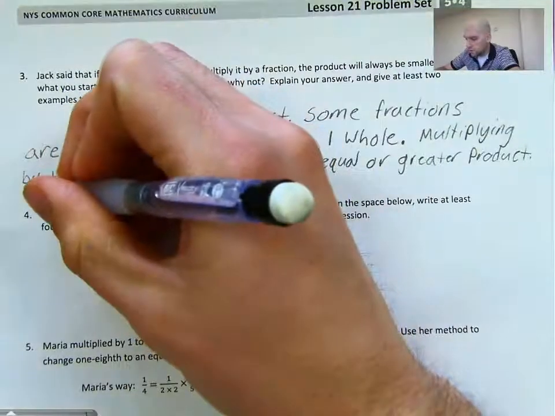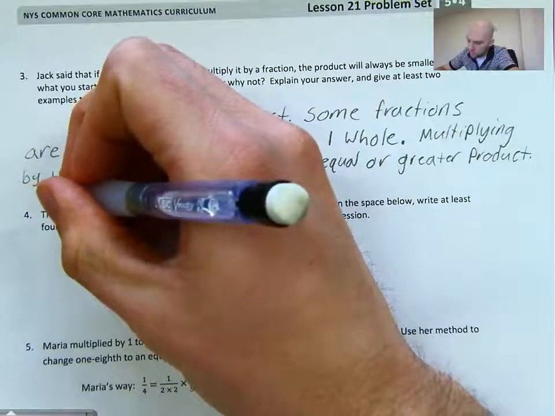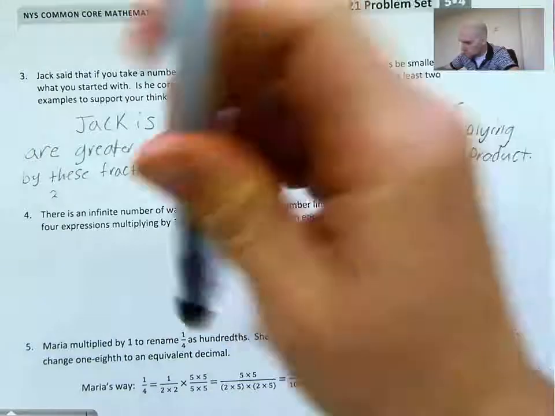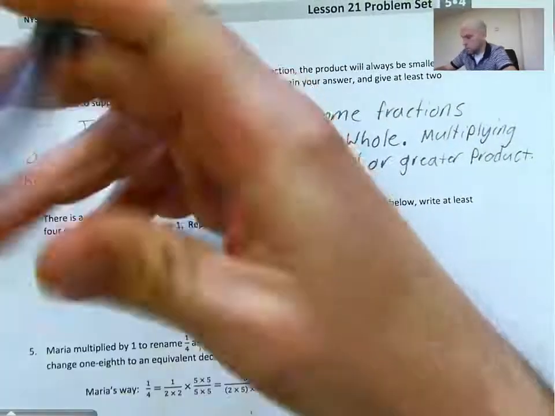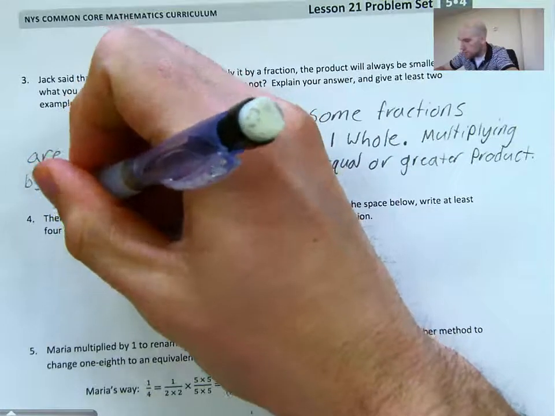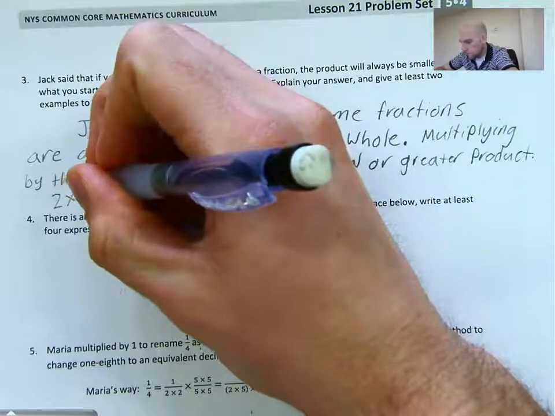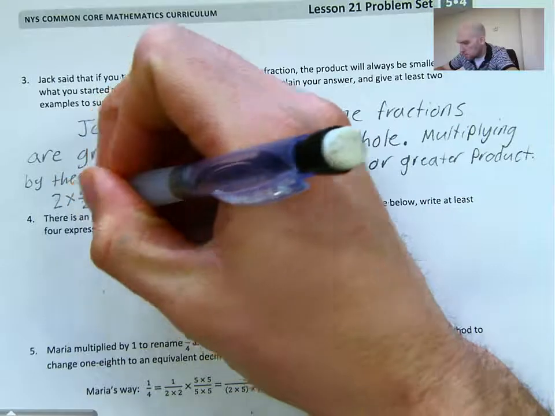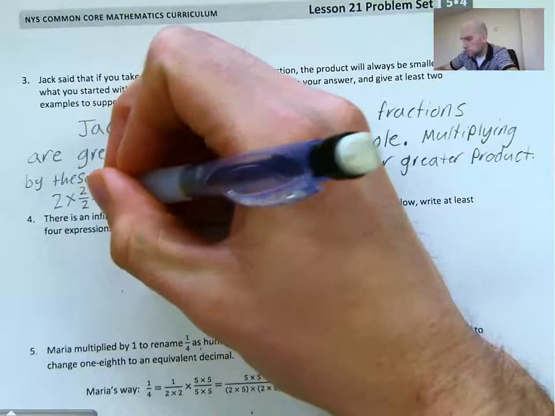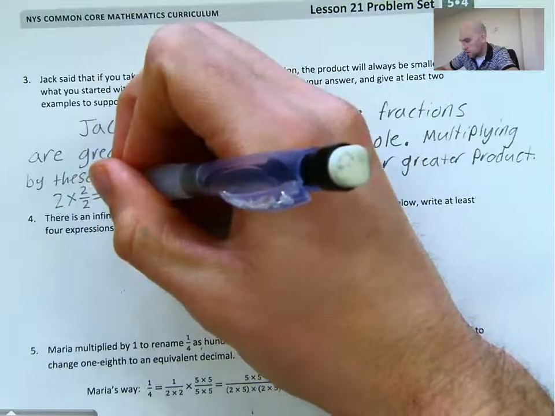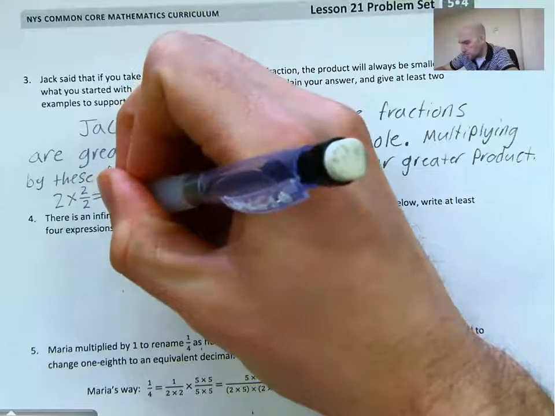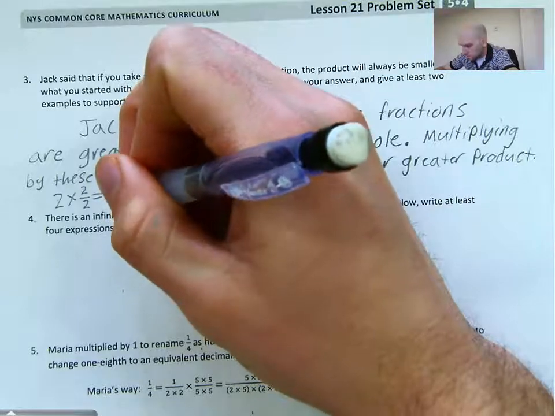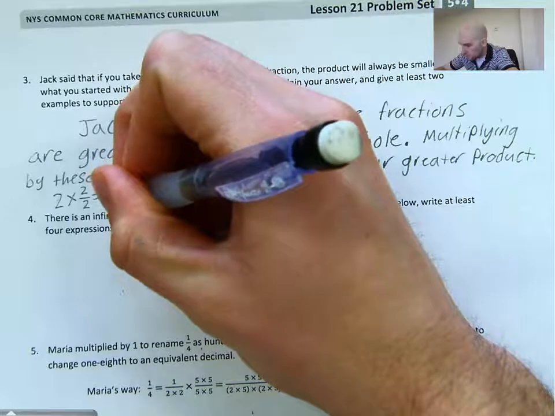And we need a few examples here. So if I do 2 times 2 halves, I multiply 2 times 2, and I would get 4 halves.